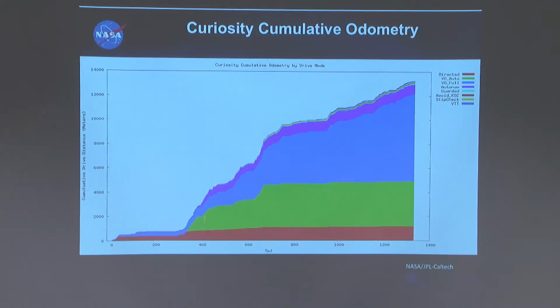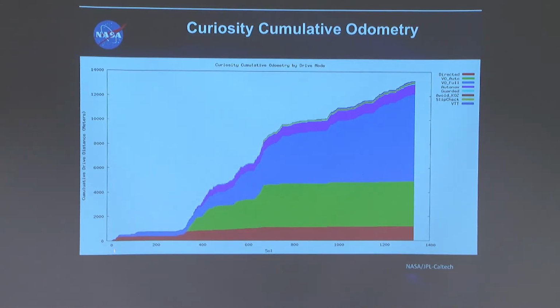So this is another plot that is interesting. You can think of a directed drive as one where a rover planner, a human, gives commands to the rover, and the rest is some form of autonomous navigation. Initially, people were very reluctant to use autonomous navigation software. In space the risks are so high, and people are so cautious.